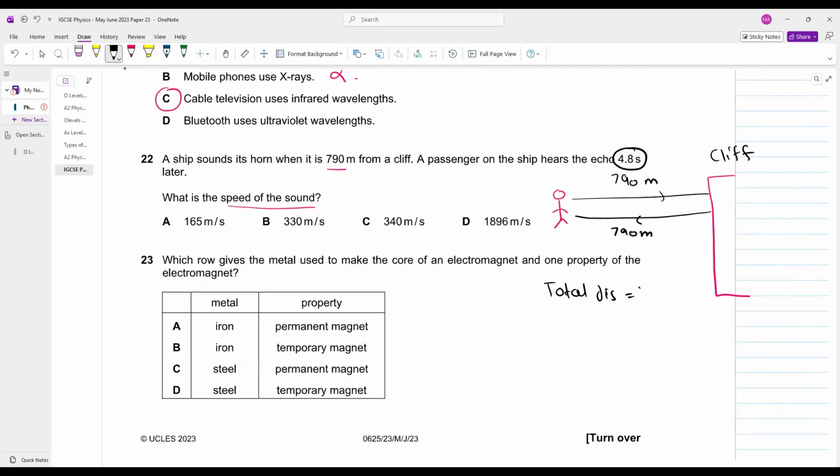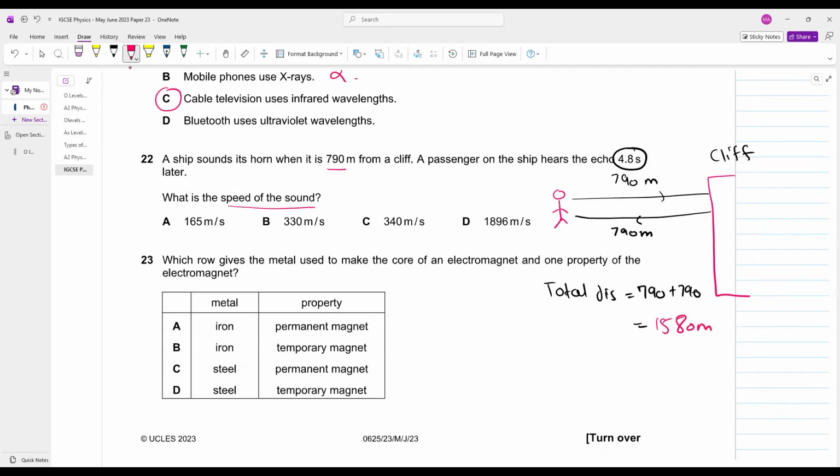Total distance, what is it, beta? 790 plus 790, that equals to what? Yes, what will this be? 790 plus 790, this will be, I think, 1580. Let me do it in a calculator as well. Yeah, 790 plus 790 comes out to be 1580. Perfect.